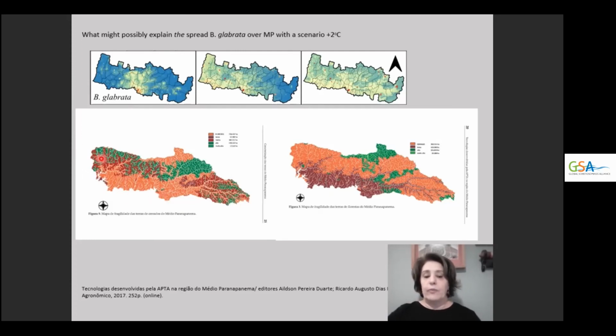In the north of Paranapanema, we have more sandy components in the soil, and in the future, it seems to me that Biomphalaria glabrata might have the ability to survive in these sandy soils more than today.